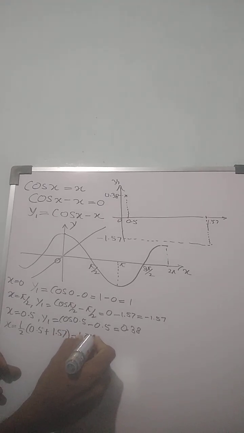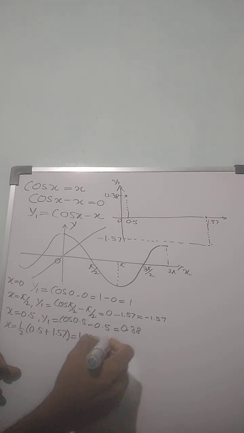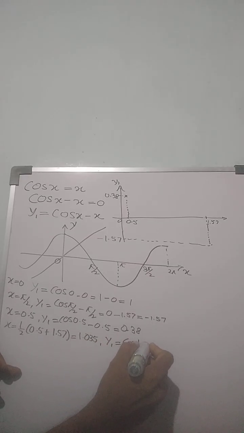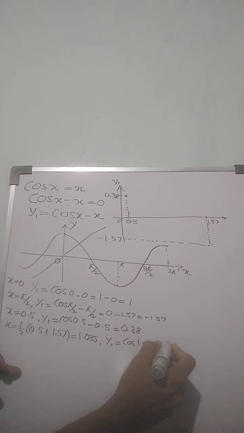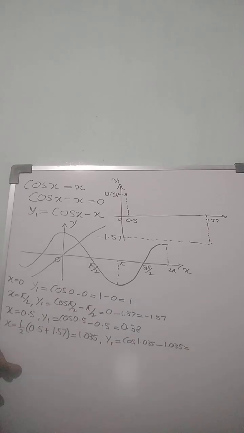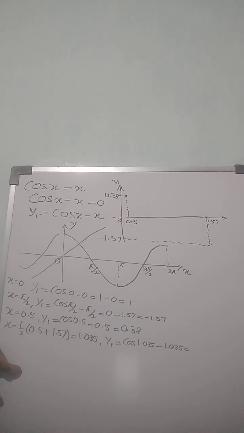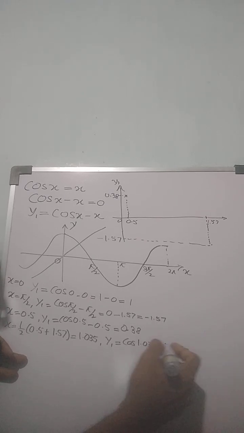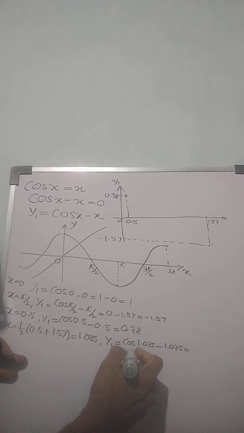When x equals 1.035, what is y1? y1 is equal to cos 1.035 minus 1.035. What is the value? Here it becomes minus 0.52.